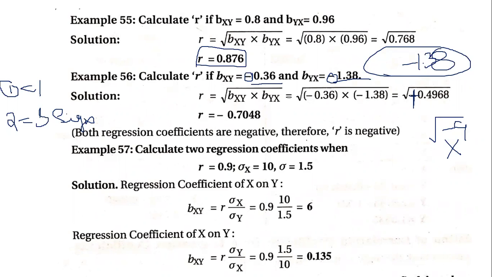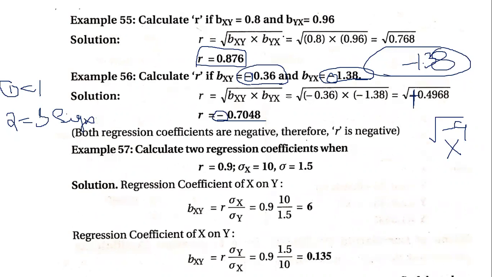Now if you find the square root of 0.4968, then you get 0.7048. But one thing you will have to realize and understand is, since both the numbers were minus, the correlation coefficient will also be minus.